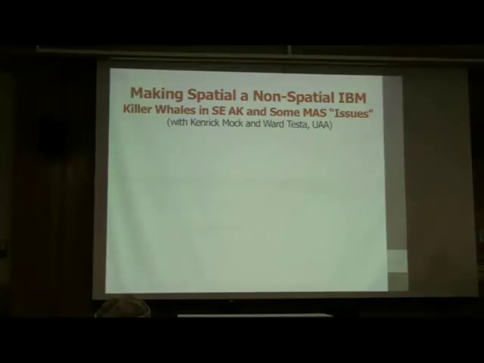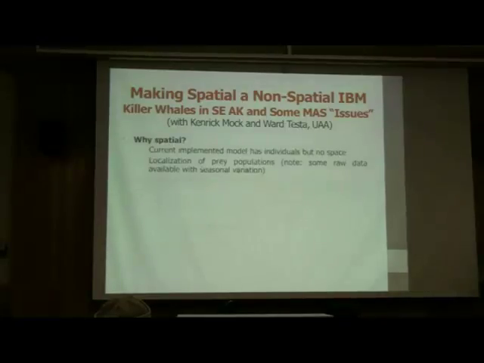And their interaction with prey and their interaction with each other, including mating behavior, the formation of pods, the breaking up of pods, didn't take into account any particular location. And so what Ward Tester was particularly interested in was making this an explicitly spatial model.